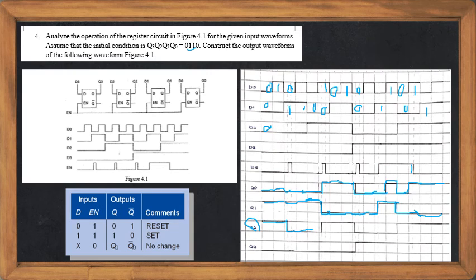When D is 1 and enable is 0, the output will be no change. When D is 1 and enable is 1, the output will be set. So when D is 1 and enable is 0, it will be no change.